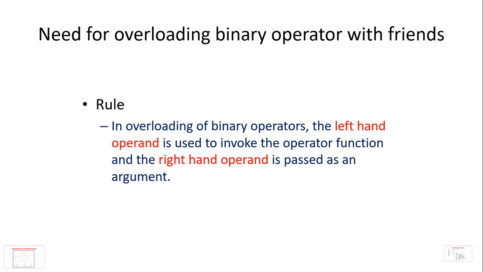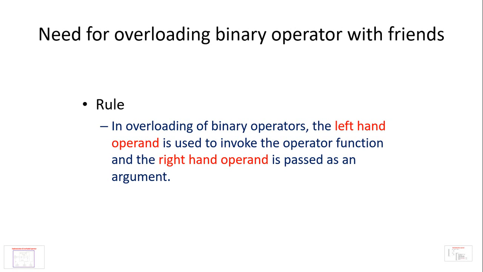Similarly, the right hand also is an object that's going to be passed as an argument. But what if I have a case where the left hand operand, instead of an object, is some number or some other detail to be used? In such cases, we cannot do it directly with a simple binary operator overloading.